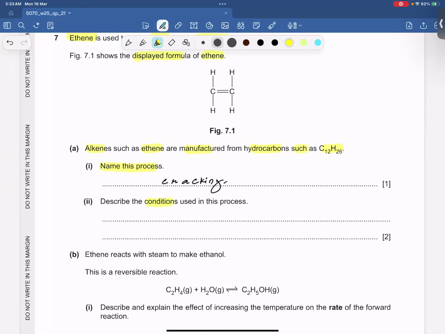Next, describe the conditions used in this process. Obviously, high temperature and catalyst.